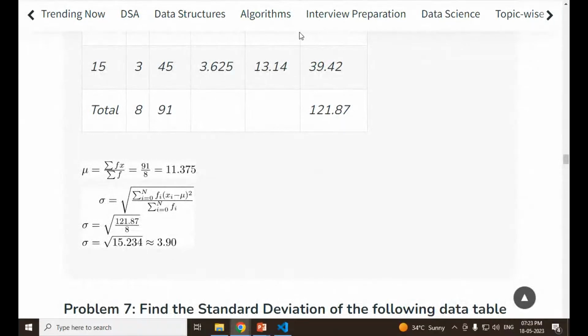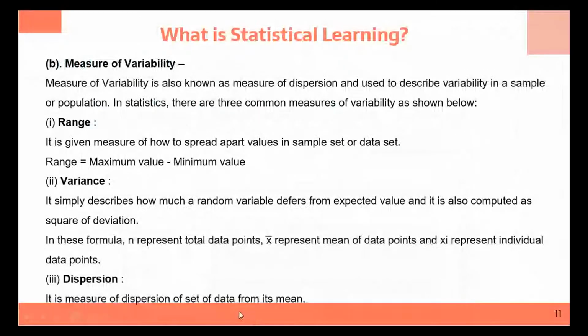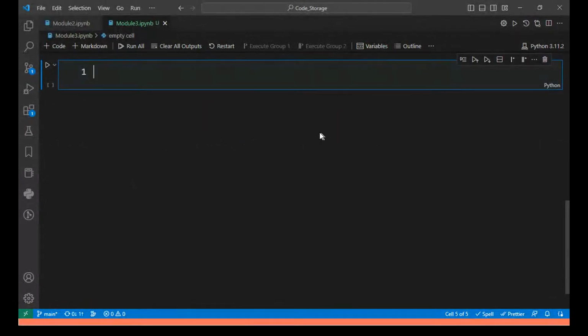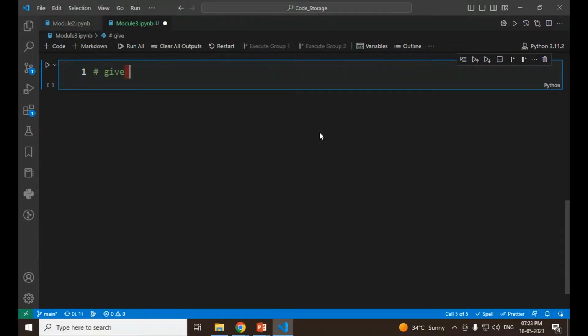Okay, we'll take a sample data. So given data, I need the n value. Initially, we'll take a sample.